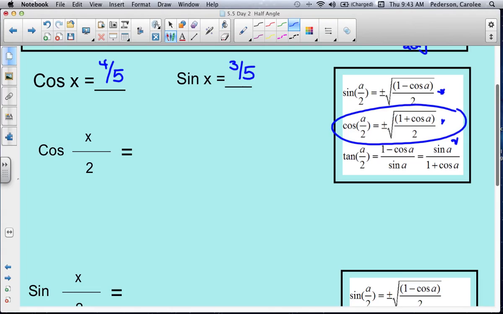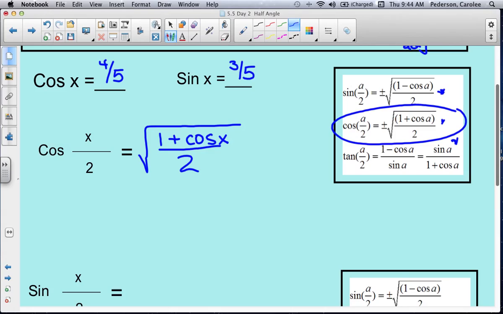So I want to say the cosine of x over 2. So we're going to square root. We don't have to worry about the plus or minus because we're not talking circular trig. We're working with the right triangle, so we have positive values. And it's 1 plus the cosine of x over 2. That's the formula we're going to use.